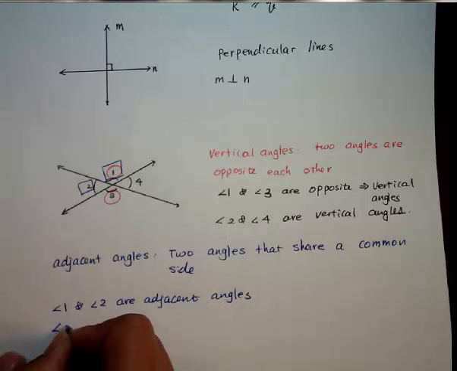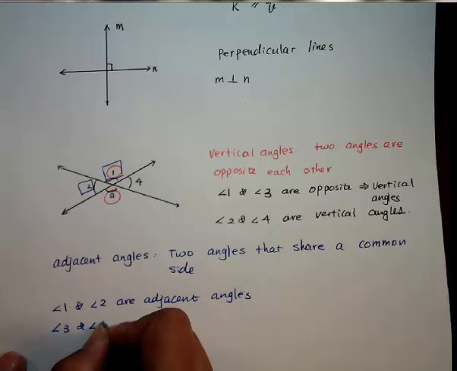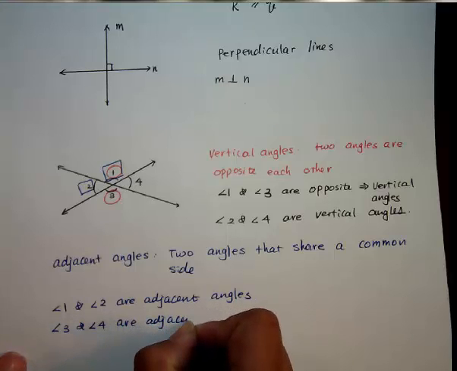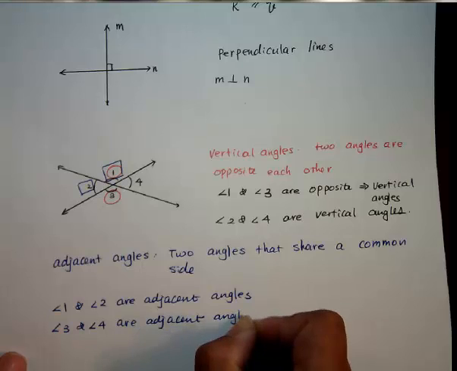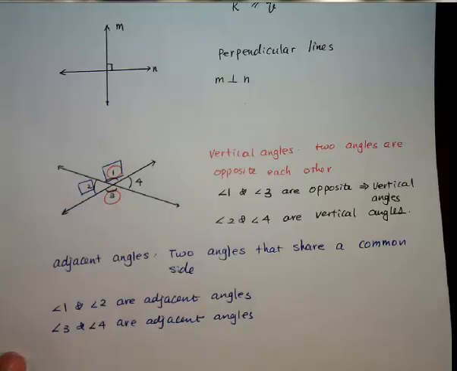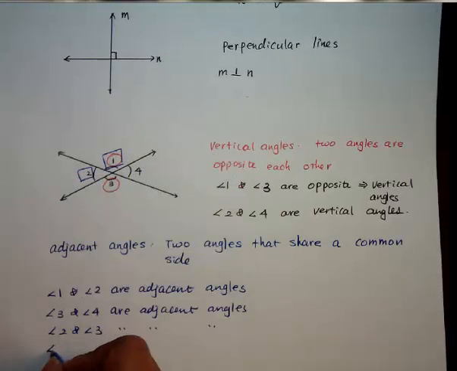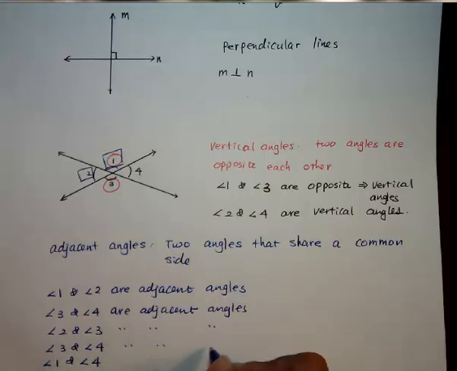And angle 3 and angle 4 are adjacent angles. 2 and 3 are also adjacent angles. And 3 and 4, and also 1 and 4. Those are adjacent angles.